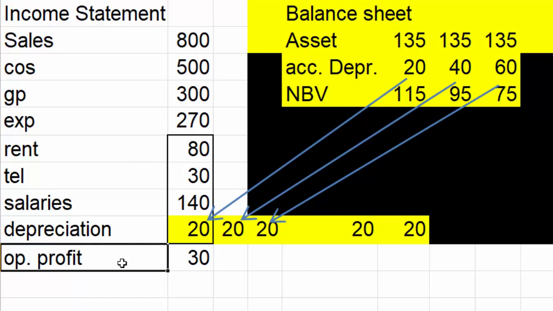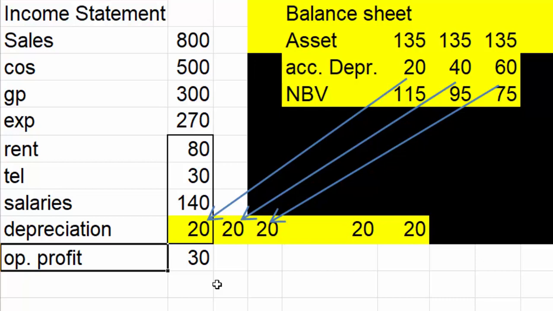We don't call it car, we call it depreciation. And here you've got your income statement, and why it's important is it shows you your operating profit for this year is 30. It's not the 50 it was, but it's not the minus 85 that we had previously. This is what depreciation is, and we're allocating the cost over its useful life.